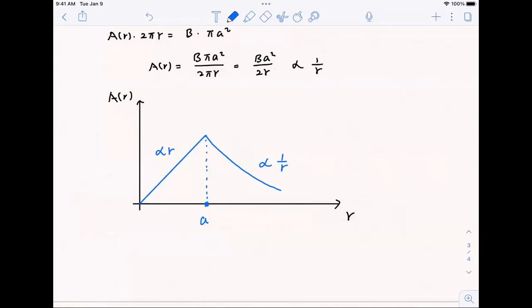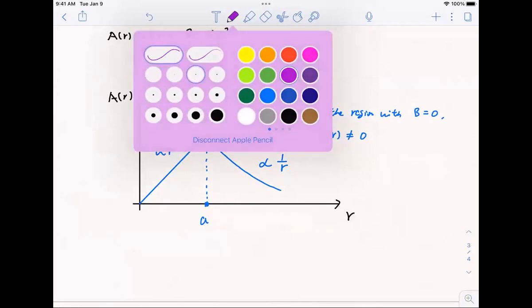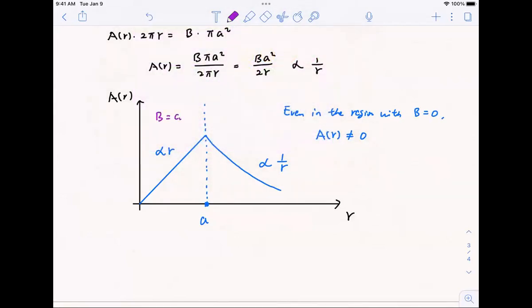So the key thing here is that even in the region with B equal to 0, A is not 0. Okay, so this region is B equal to constant, and this region is B equal to 0.